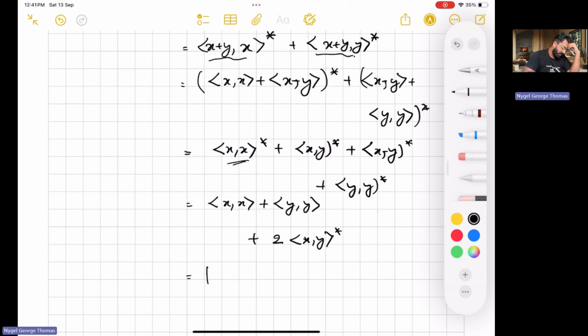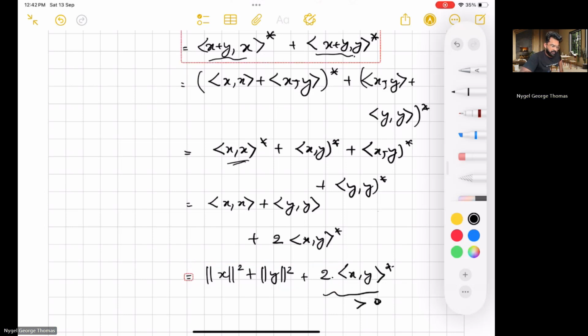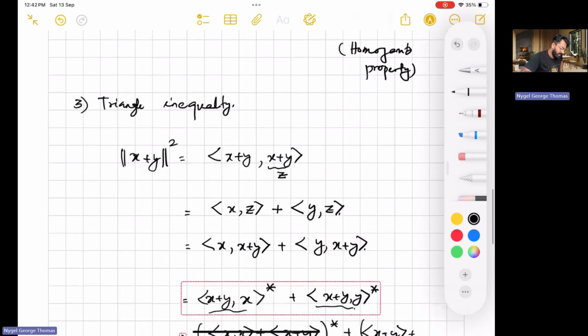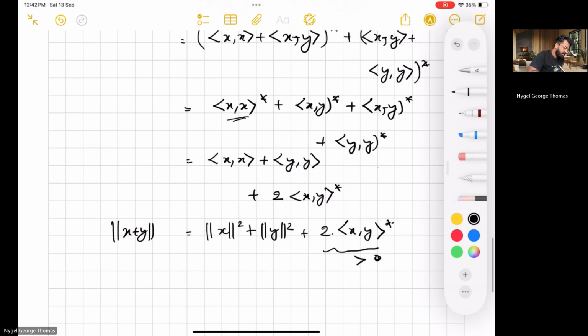And this is norm of x squared plus norm of y squared plus 2 times, unless we prove that this is greater than 0, because on the left side we have some xy conjugate term here.